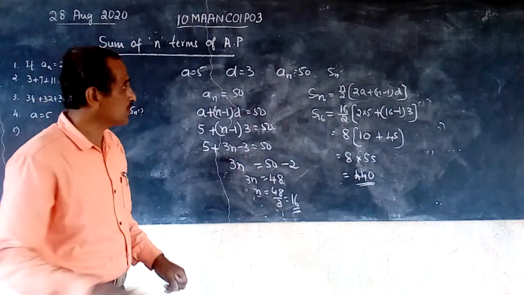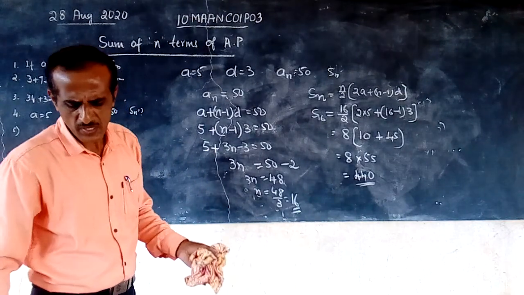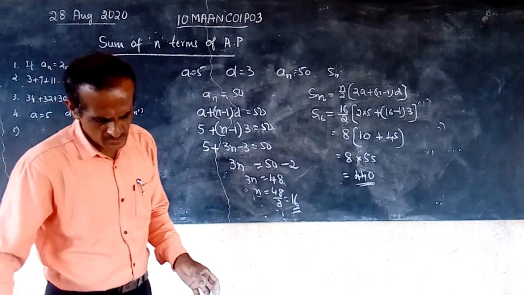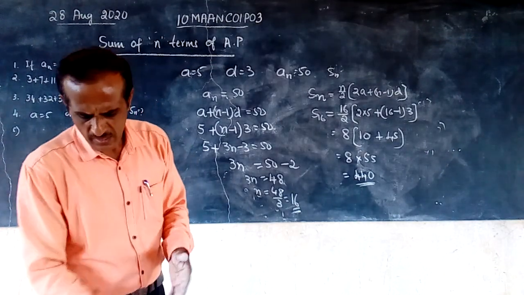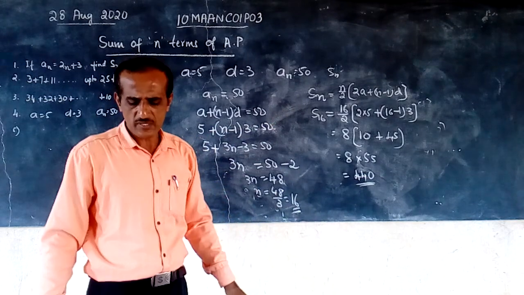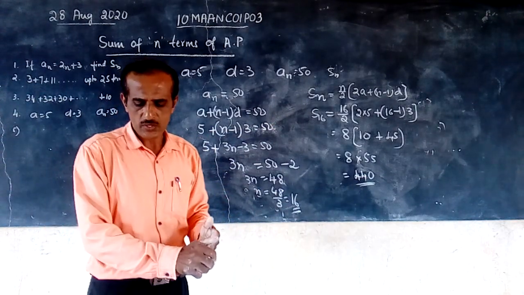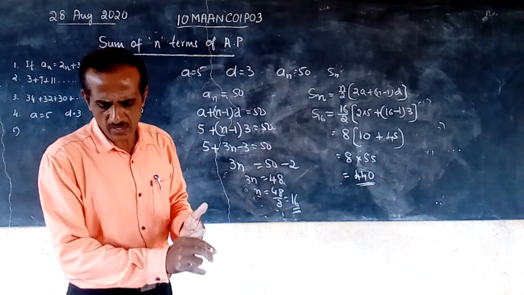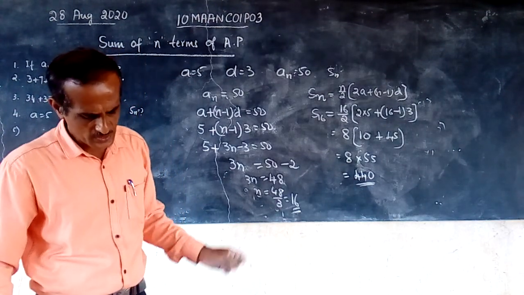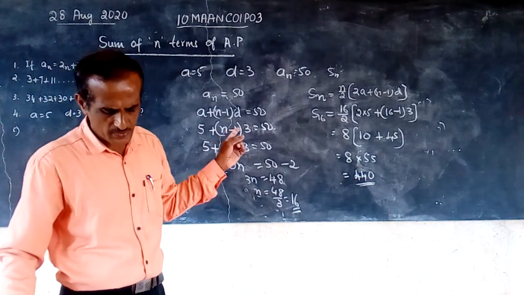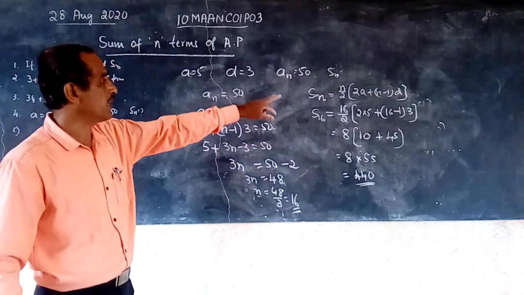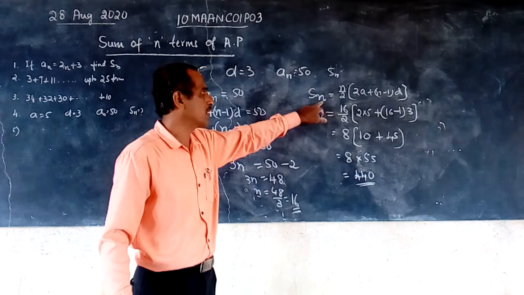For the same question, sometimes you can use another formula. Instead of this formula, you can also use n by 2 into a plus an. So how do we supply the values to this question? Otherwise, you have to use this formula.